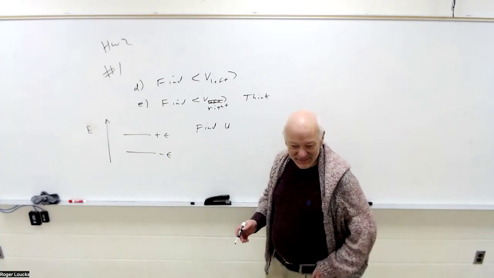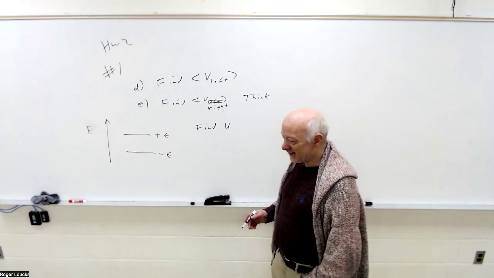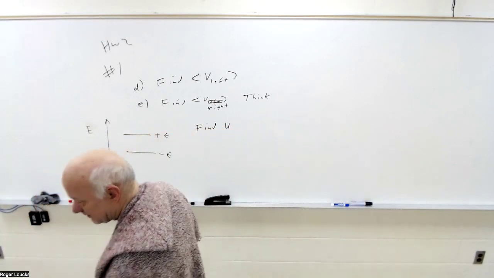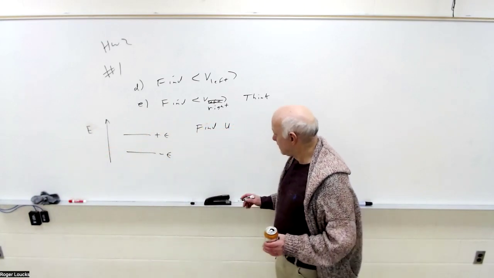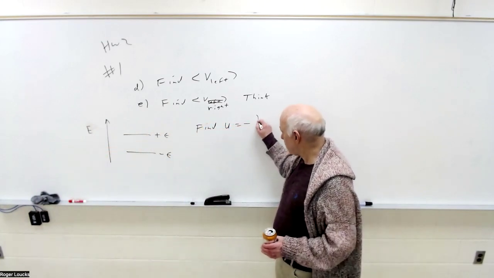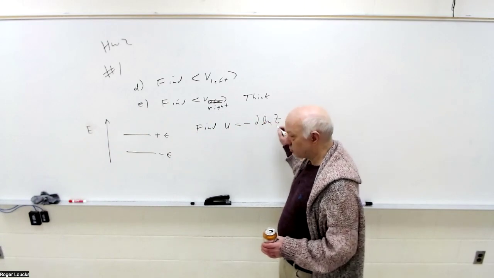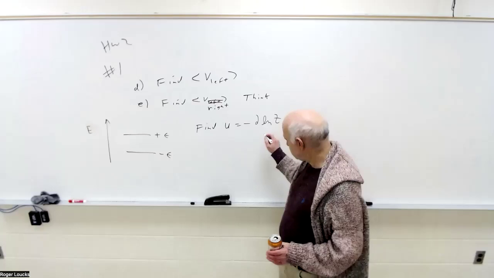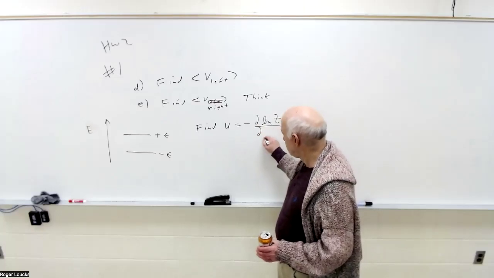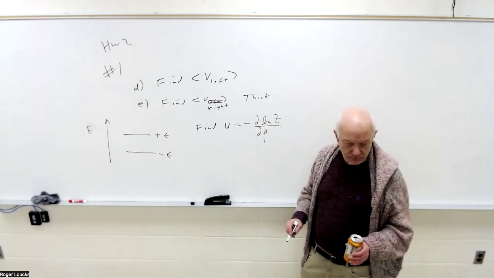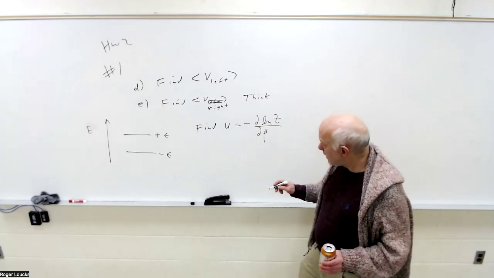It's diabolically simple. It's minus the partial derivative of the natural log of Z, which is the partition function, with respect to beta. What is beta? 1 over k_B T. Okay.